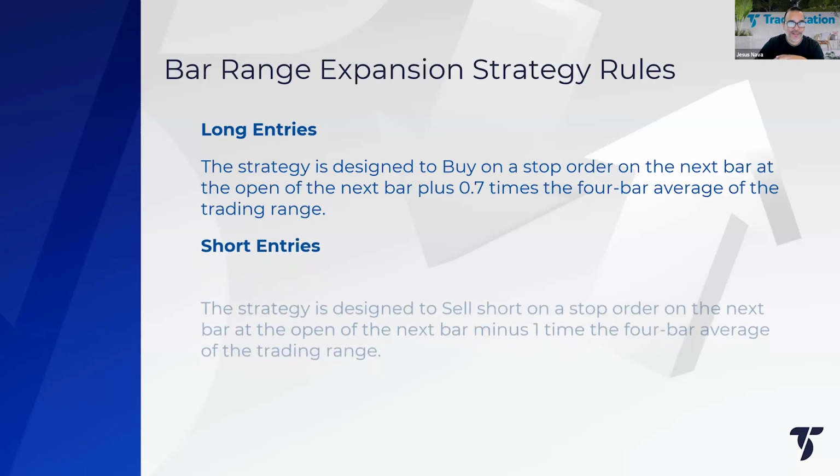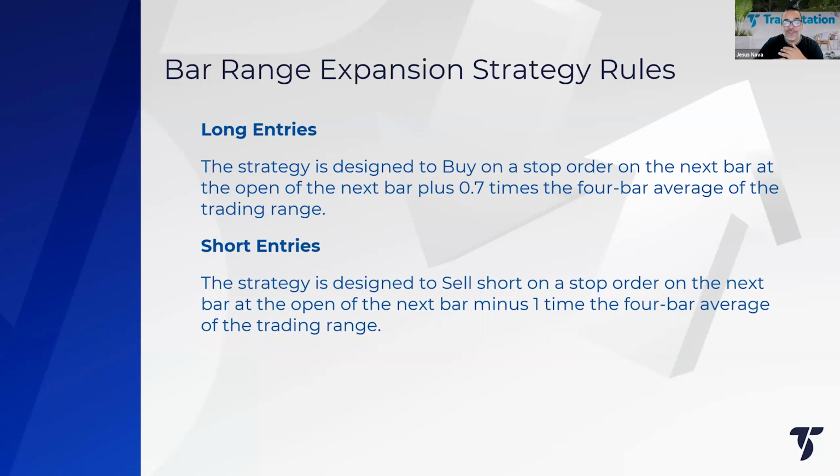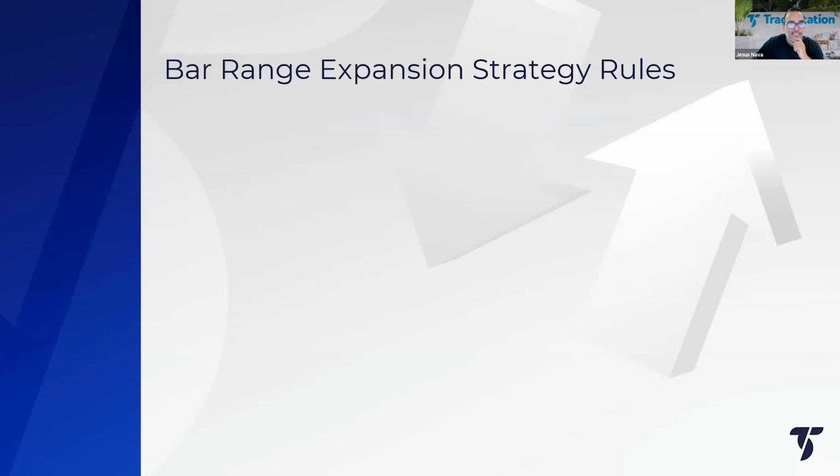And the short entry is designed to sell short on a stop order. These are buy stop, sell stop on the next bar at the open of the next bar minus 1 times the 4-bar average of the trading range, exactly what we calculated on the chart. And let's see the exits.